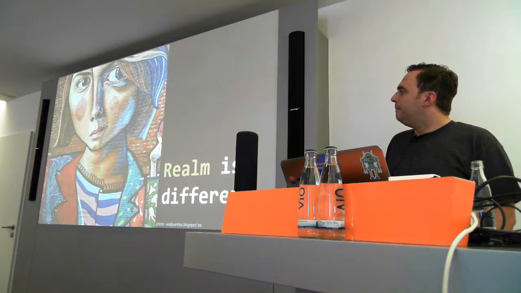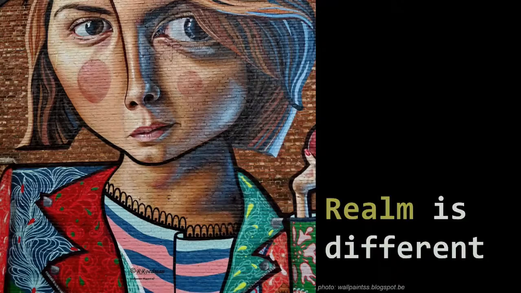And that's where Realm actually is different. The Realm mobile database is something that is built from the ground up by the people of Realm with mobile applications in mind. It's built from the ground up, so it's not built on top of any existing technology. It's not built on top of SQLite, for example.